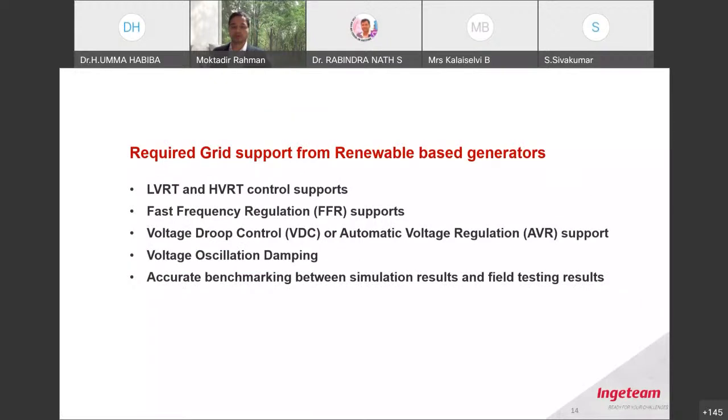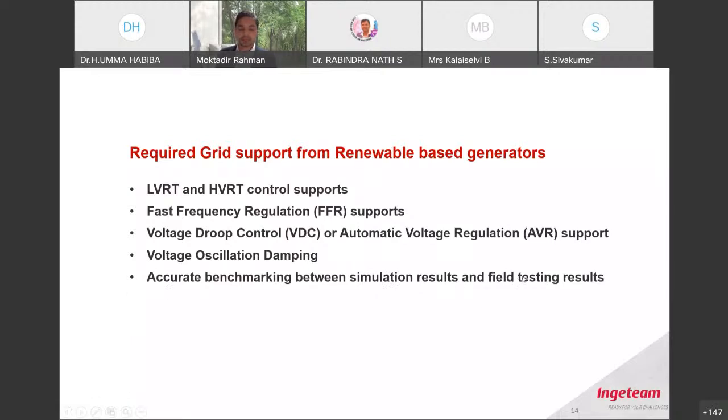Okay. For large scale solar or PV, or wind integration into the grid, there are a few things required to support the grid: LVRT, HVRT control support, fast frequency regulation support, voltage loop control or automatic voltage regulation support, voltage oscillation damping, and also benchmarking between the simulation result and the field testing result.